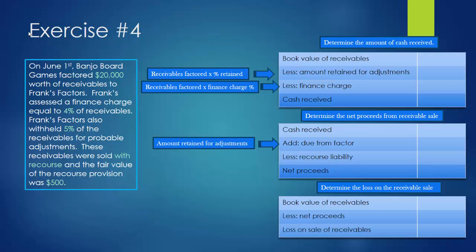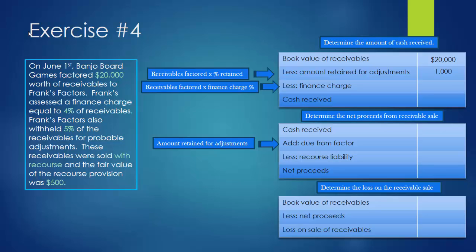What is the amount of cash being received? Well, the book value of receivables is $20,000. The amount retained for adjustments is a percentage of those receivables. In this case, it is 5%. So if we take the $20,000 in receivables, multiply it by the 5% that they are retaining for probable adjustments, Frank's Factors is going to hold on to $1,000 in case there is bad debt in here. Frank's is also going to charge Banjo a finance charge. That's how they make money, off of buying these receivables for us and waiting to collect from our customers.